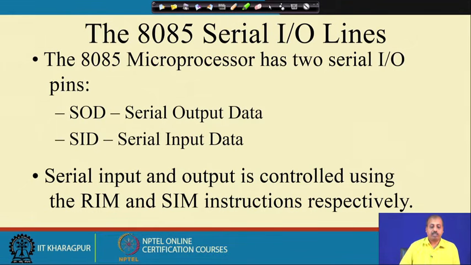In case of the 8085 processor, it has got two serial pins, SOD (serial output data) and SID (serial input data). Serial input and output is controlled using the RIM and SIM instructions that we have in 8085.